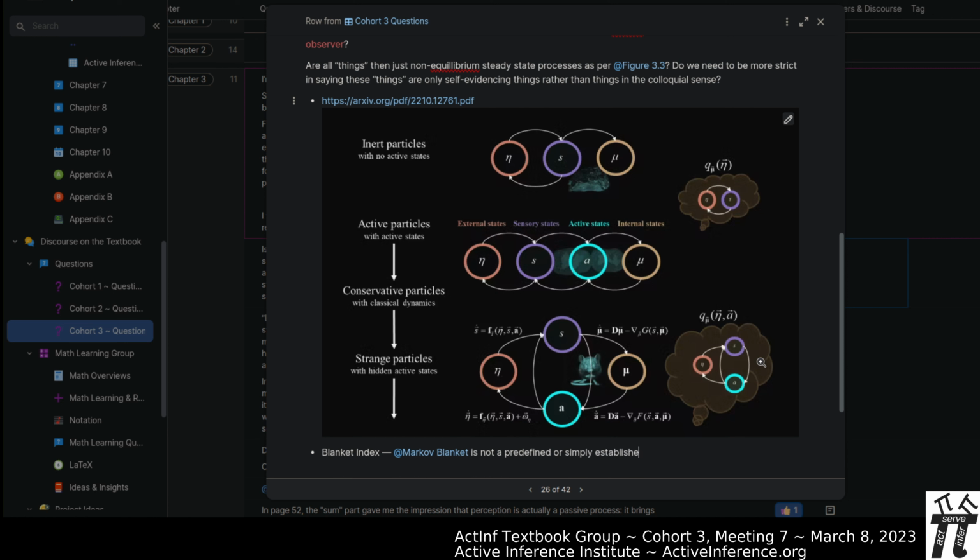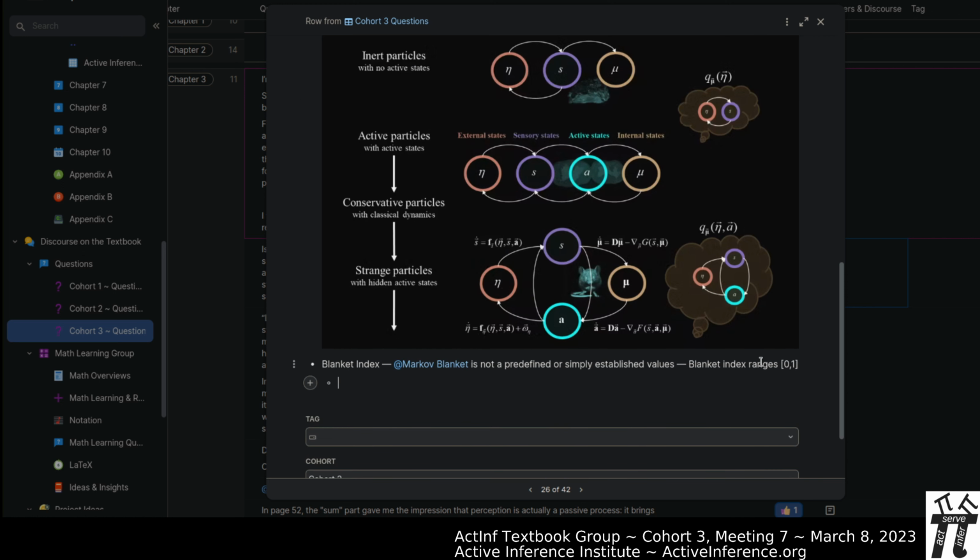And by complex here, I mean its more or less precise mathematical definition. So as the system becomes more complex, in higher dimensional systems, or in other words, when the system has a sparse coupling with its environment, the blanket index approaches zero.